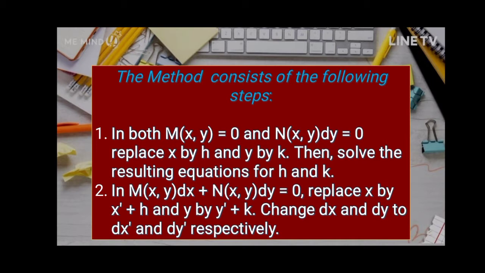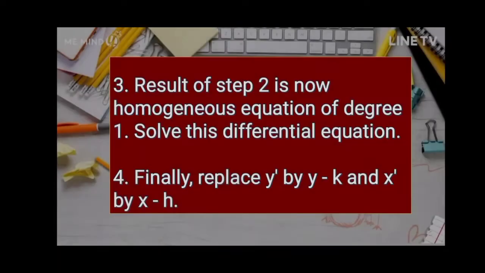Change dx and dy into dx prime and dy prime respectively. Number 3. The result of step 2 is now a homogeneous equation of degree 1. Solve this differential equation and finally replace y prime by y minus k and x prime by x minus h.